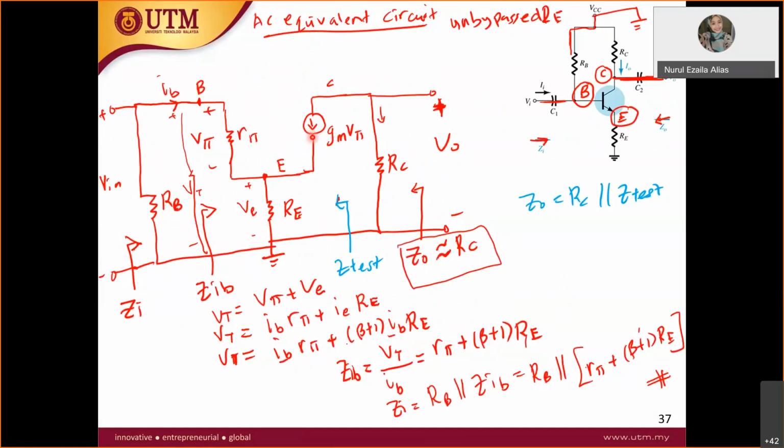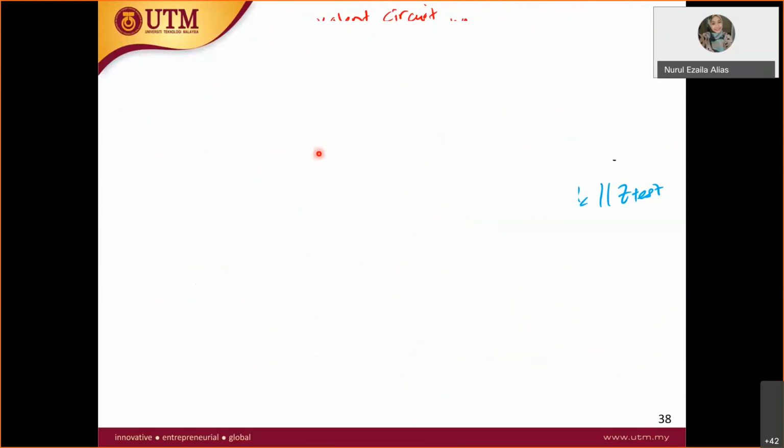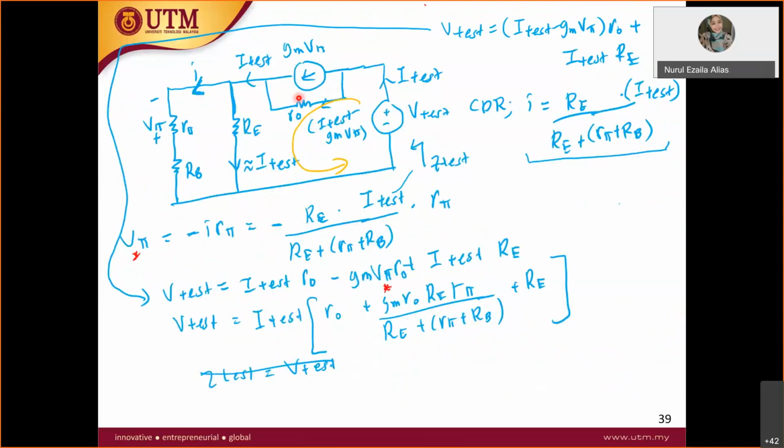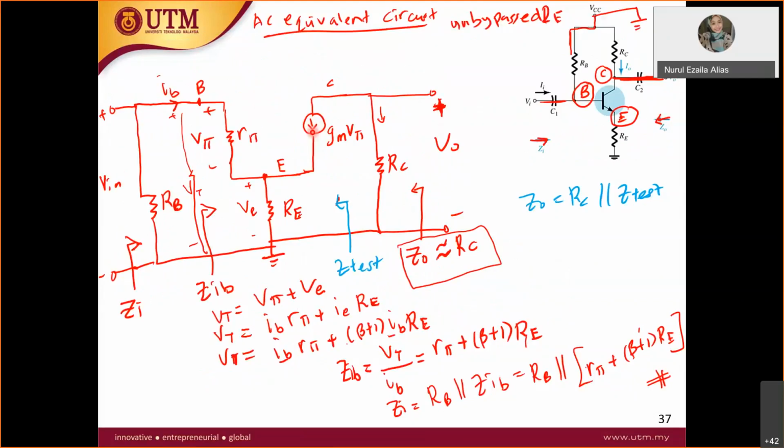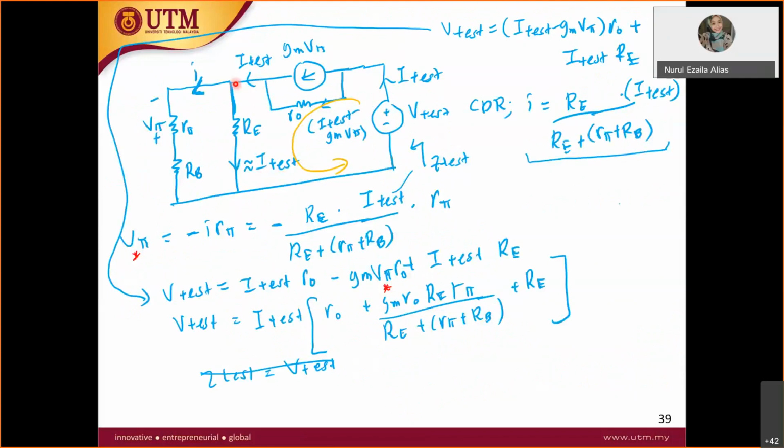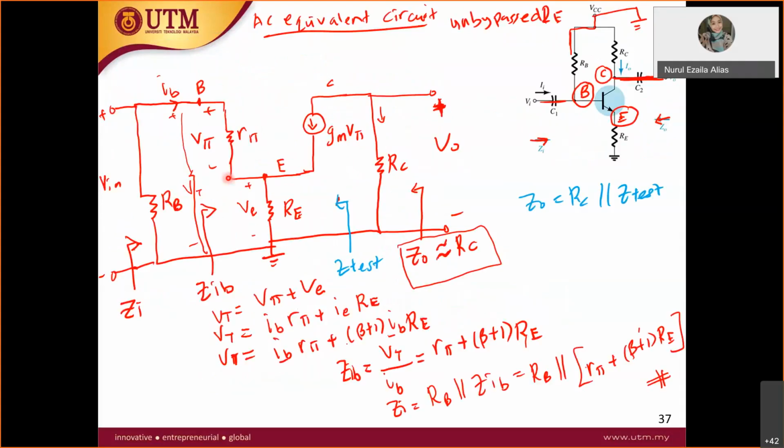So this is your arrow of GMV pi going down. If I make it horizontal, it will go to the left. This arrow going down here will meet the RE. But I want to make this RE go to the ground, of course, like this. And the other side of RE is connected to negative V pi here.